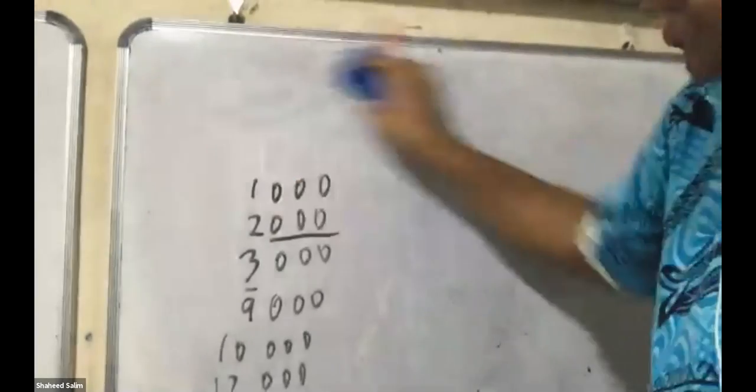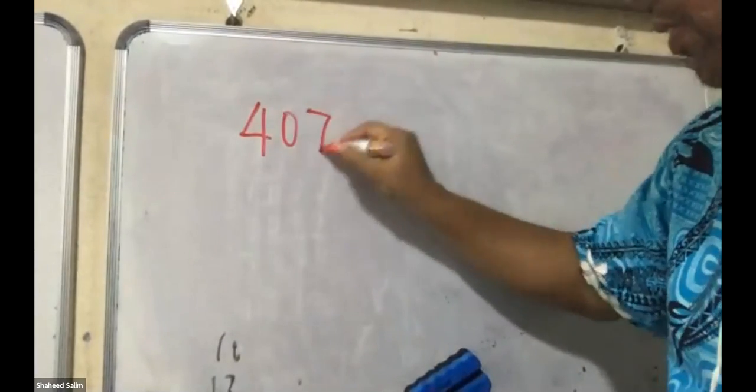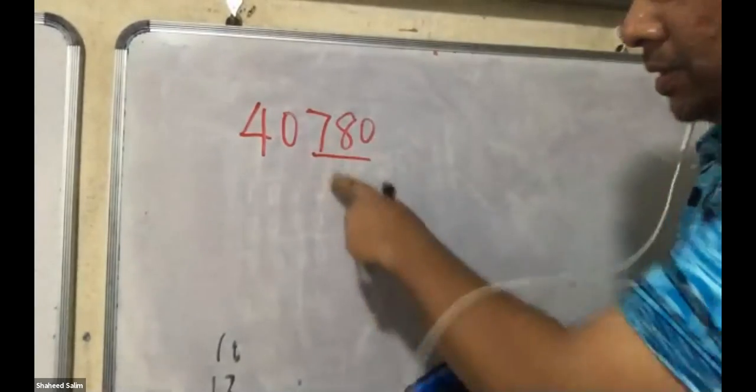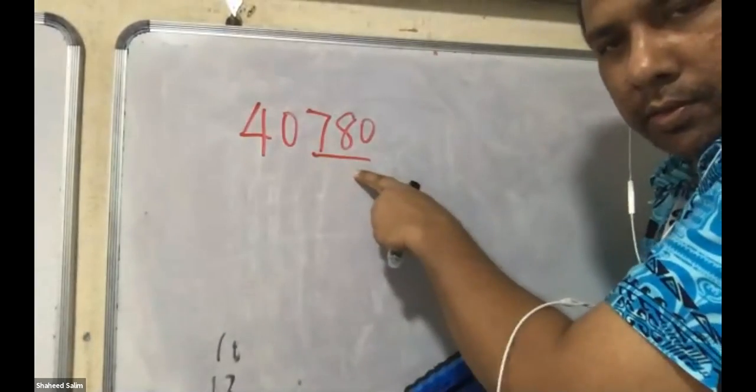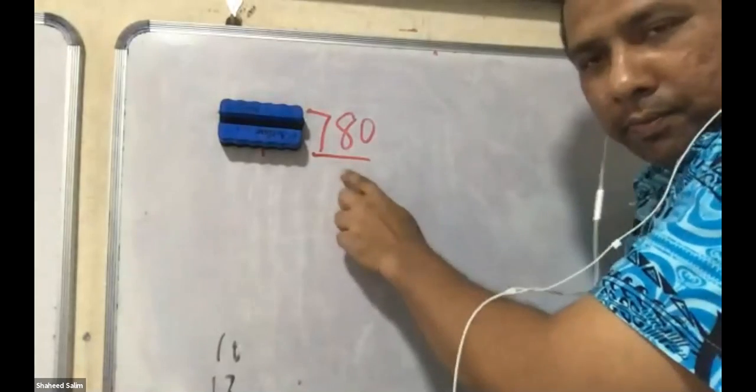Well done. Naomi, here we go. What number is this? Cannot hear you.